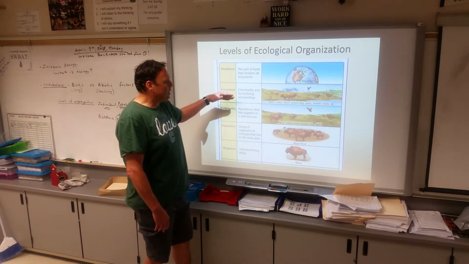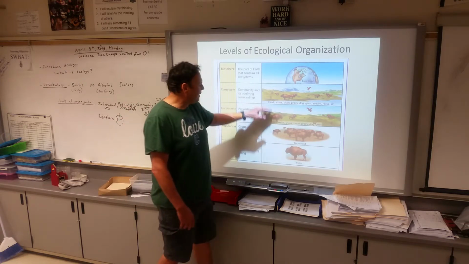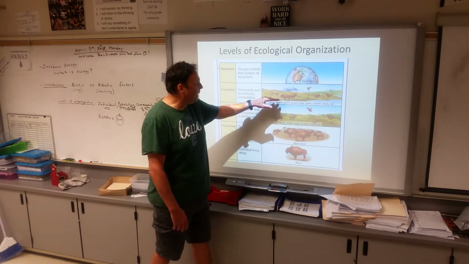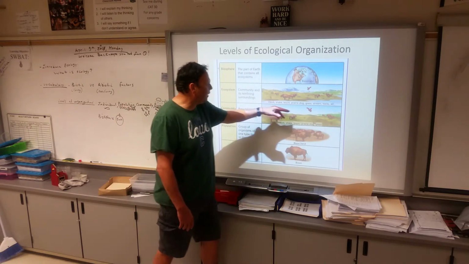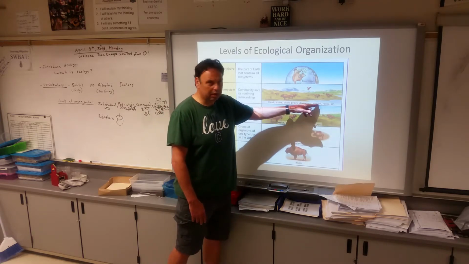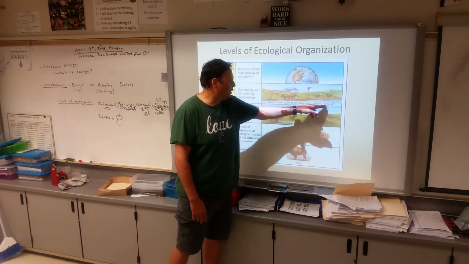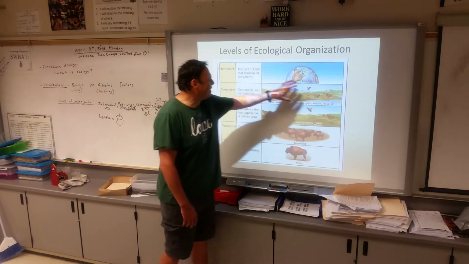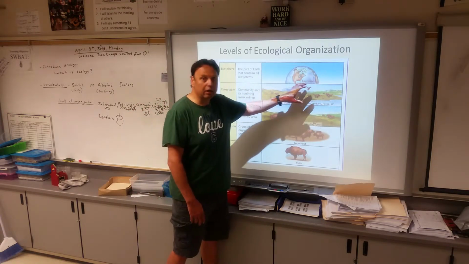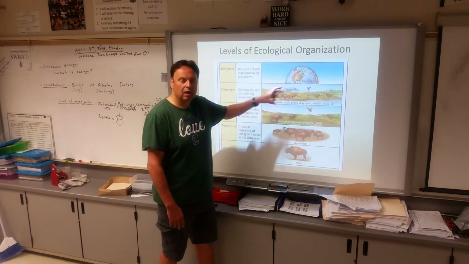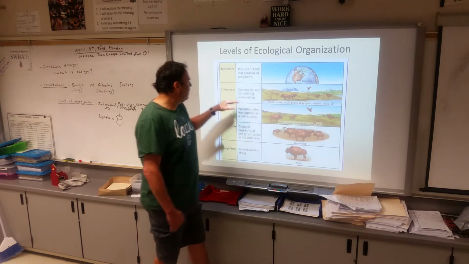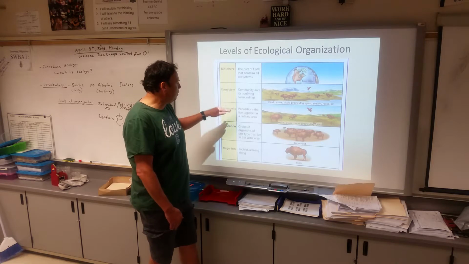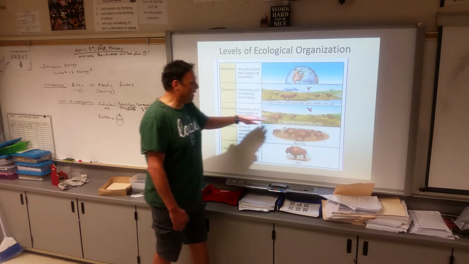Then we get to the ecosystem. Well, the ecosystem looks like almost the same thing, except now we've got other things. We've got the stream counting as part of the ecosystem, the rocks, the air, the sunlight, the heat, everything that's in that environment, including the abiotic factors, including the non-living things. That's called the ecosystem. So at the community level, everything is alive.